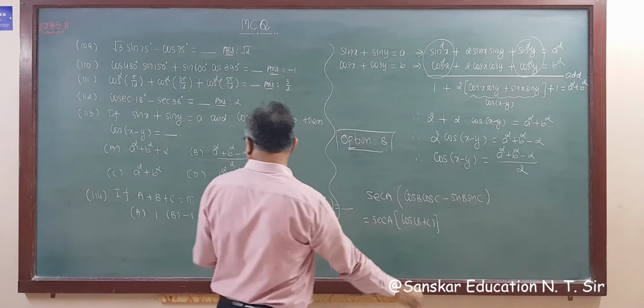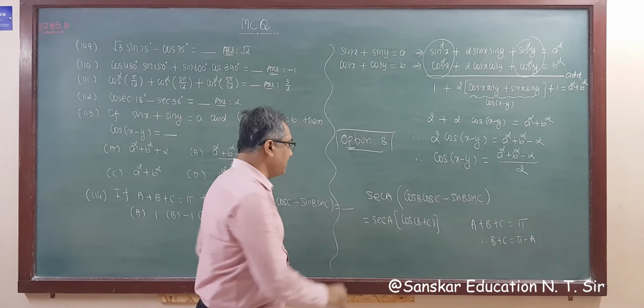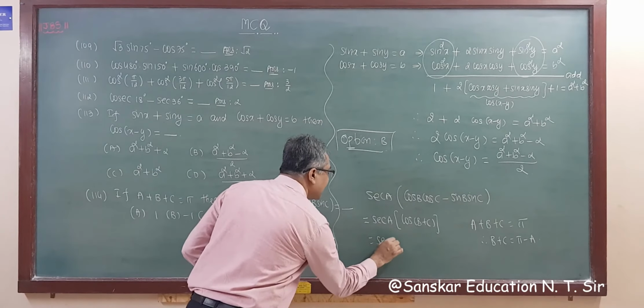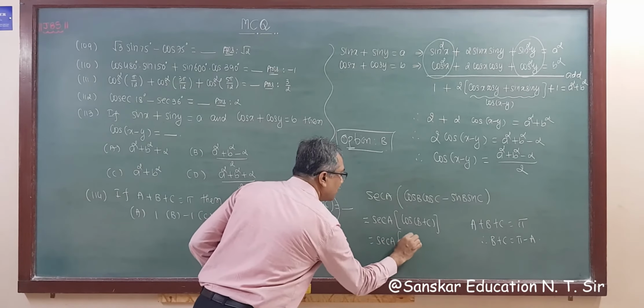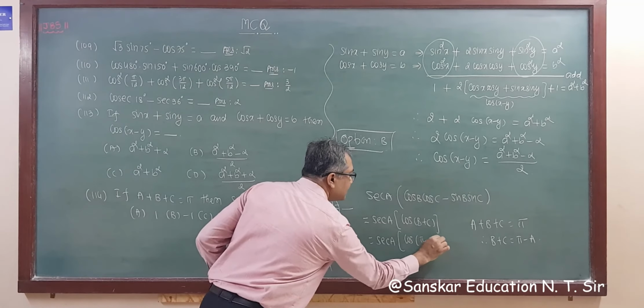So using this identity, B plus C is pi minus A. So substituting pi minus A, what we get? Sec A into cos pi minus A.